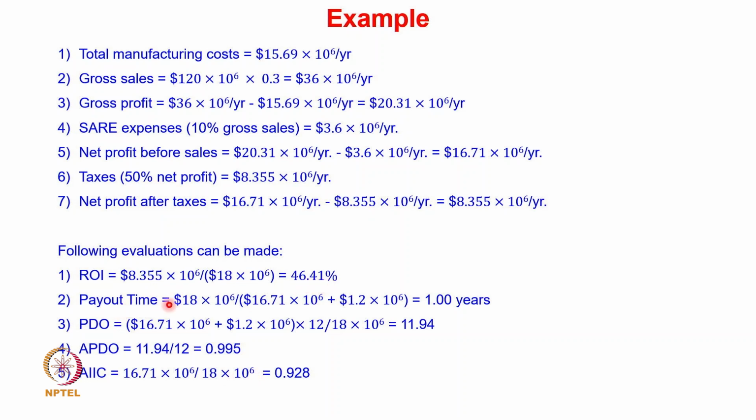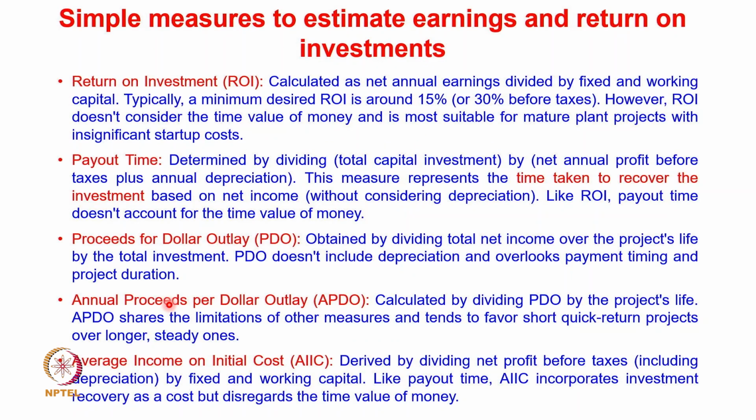Then payout time. Again, the payout time we have defined earlier. So payout time is nothing but what? Total capital investment divided by net annual profit before taxes plus annual depreciation.